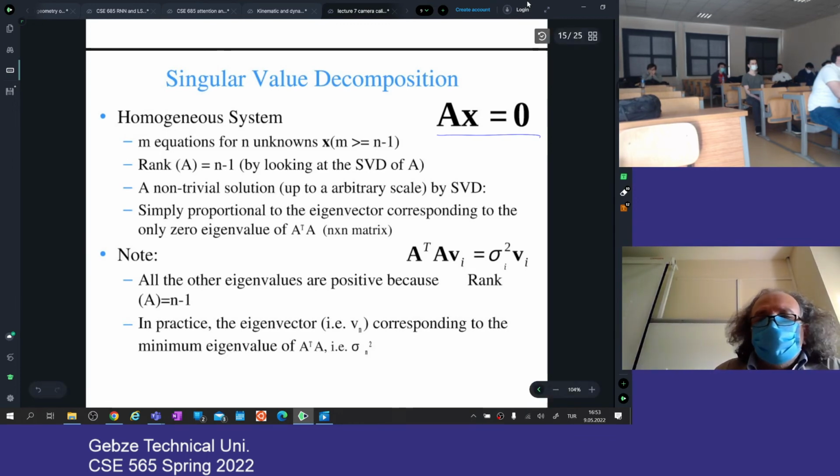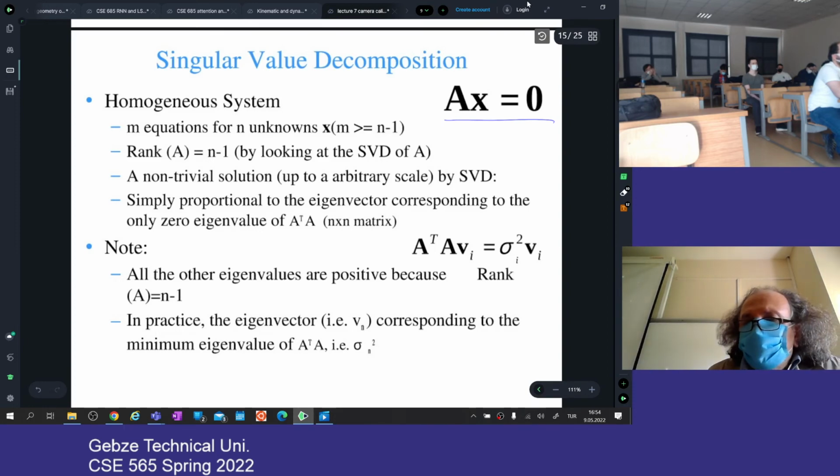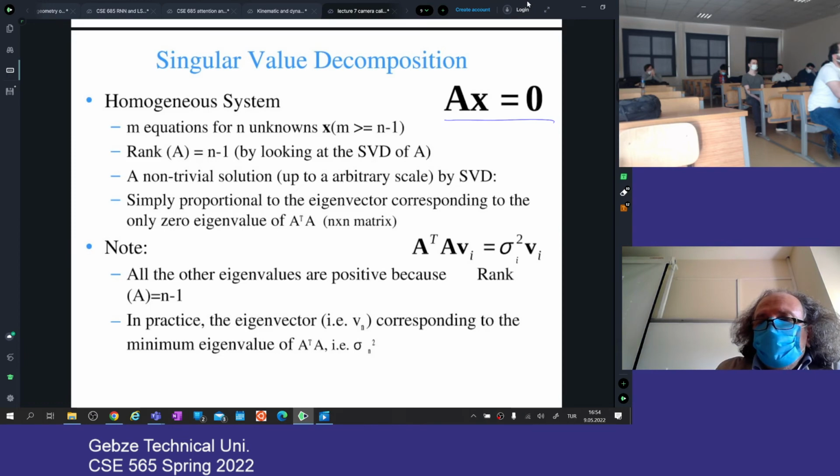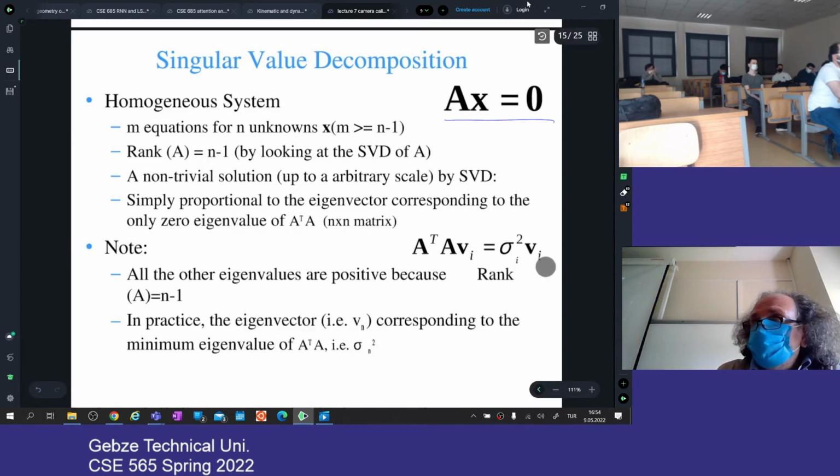For a non-trivial solution by singular value decomposition, you just simply do this. We know this, right? A^T A v_i is equal to the singular value squared times v_i. That comes from the definition of the singular value decomposition. We say that our solution is simply proportional to the eigenvector corresponding to the only 0 eigenvalue of A^T A. So A^T A has eigenvalues and eigenvectors.